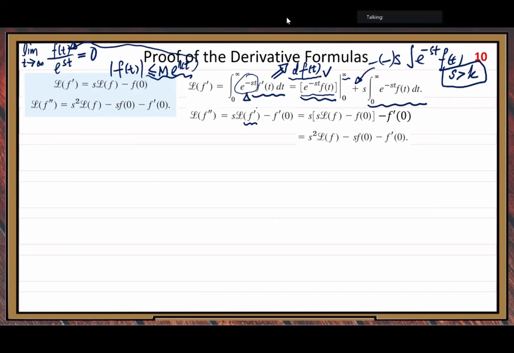Now with this formula, think about whether we can do the Laplace transform on f double prime, and extend it to the Laplace transform of f with any number of derivatives, any order.